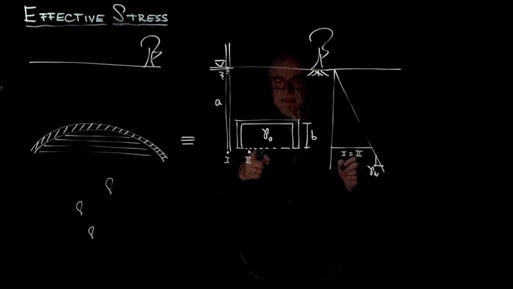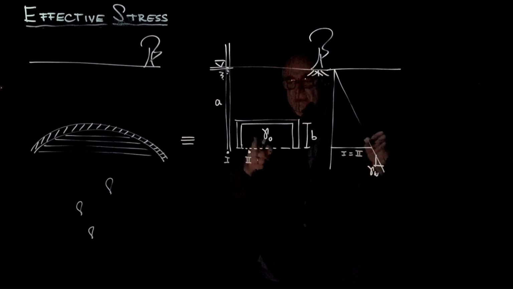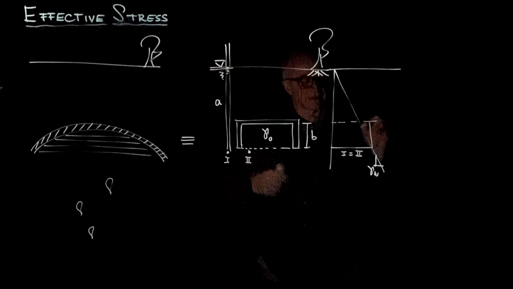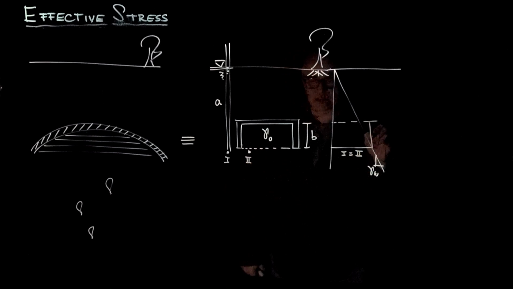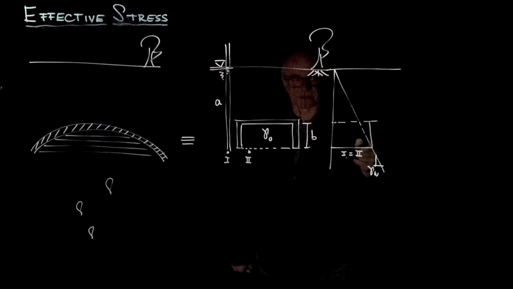Now I'm inside the reservoir, and as I go up in the reservoir, I'm going with a different gradient. I'm going with a unit weight of the oil unit weight. And so this is the pressure inside the reservoir. This is the pressure outside the reservoir.